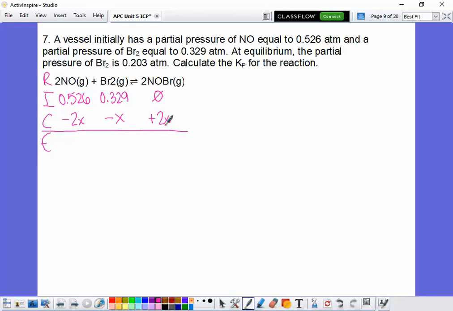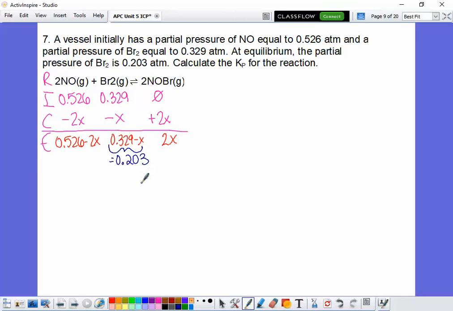All right, so at equilibrium we have 0.526 minus 2x. We have 0.329 minus x, and we have 2x. All right, what am I told about equilibrium that will help me figure out what x is? Yep, we're told that at equilibrium, the pressure of Br2 is 0.203.